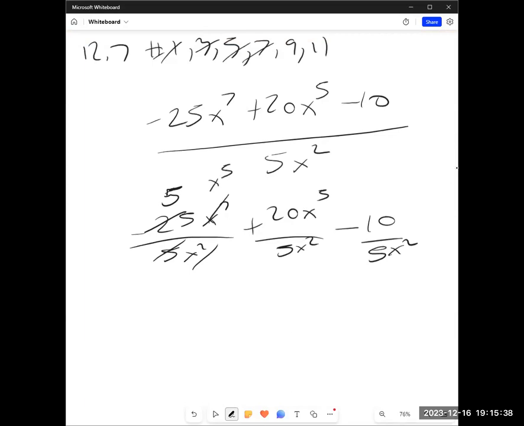That's going to be an x to the 5th. 5 goes into 20 4 times. That's going to be x to the 3rd. 5 goes into negative 10 negative 2 times. And that x squared stays in the denominator. This is negative 5x to the 5th plus 4x to the 3rd minus 2 over x to the 2nd.